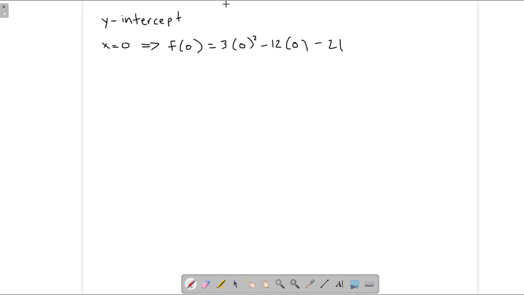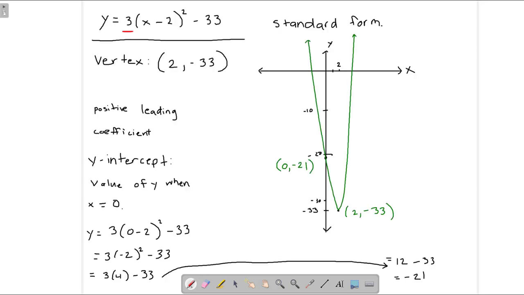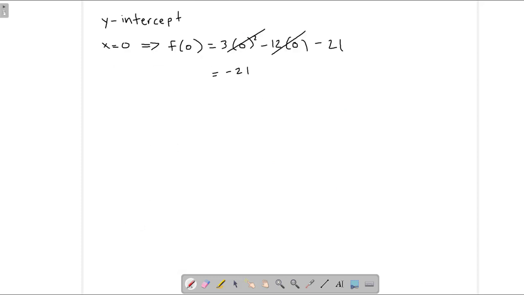Yes, right. Okay, so 0 goes away, 0 goes away, so I end up with negative 21, which is what I got for my y-intercept in this one too. So now I have the points that I need. I have my vertex was 2, negative 33. And my y-intercept, you can write it as a point also, 0, negative 21.